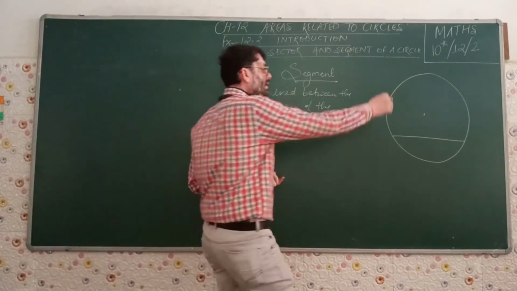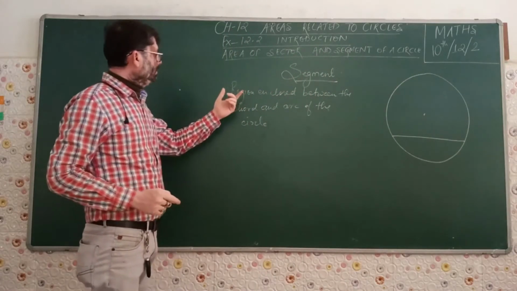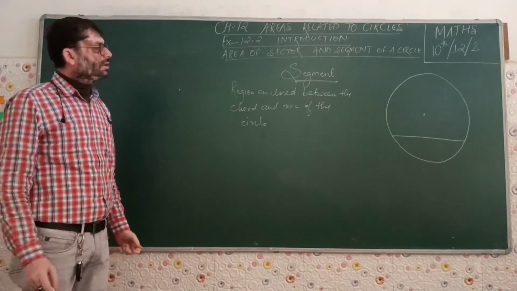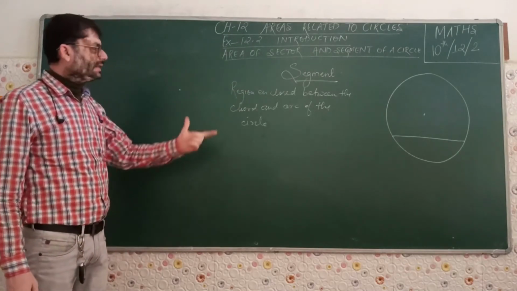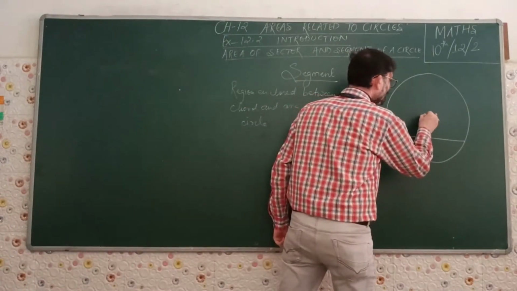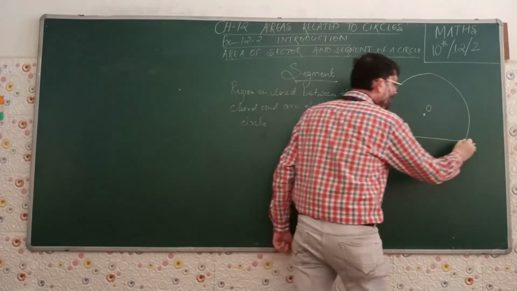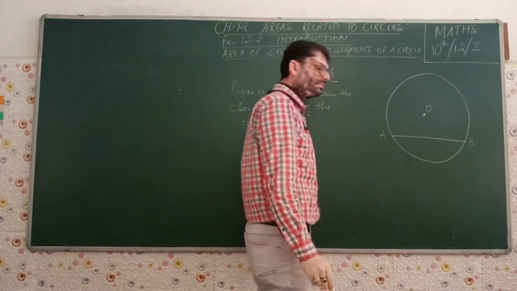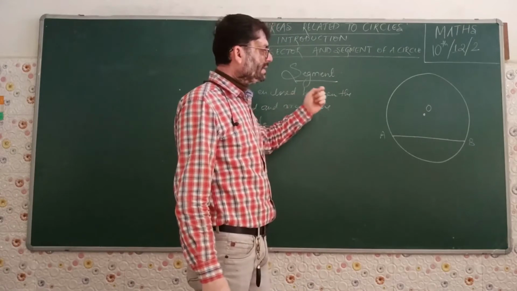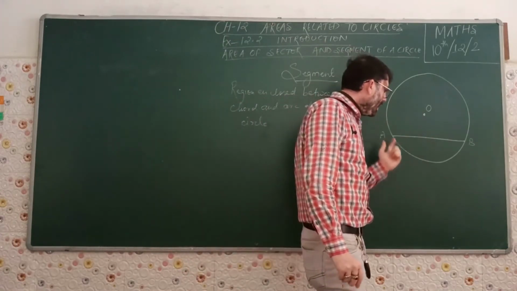Arc means it is the boundary of the circle. Segment is the region enclosed between the chord and the arc of a circle. If you observe, this is my center of the circle, say O, this will be my chord, say AB, and the segment is the area enclosed between the chord and the arc of the circle.